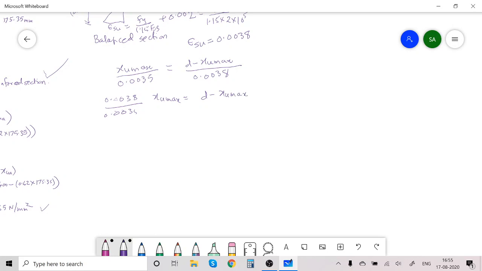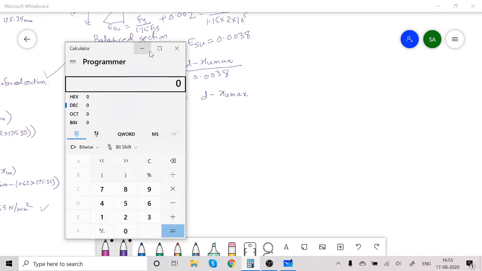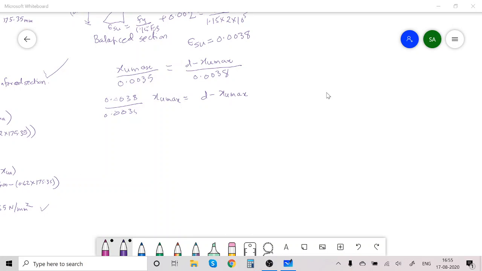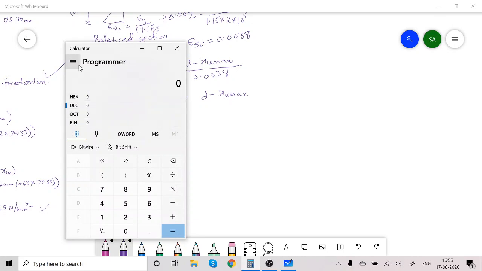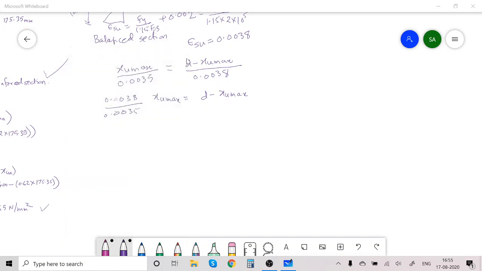So you can simplify this. After simplifying this, you will get XU max equal to 0.48 d.